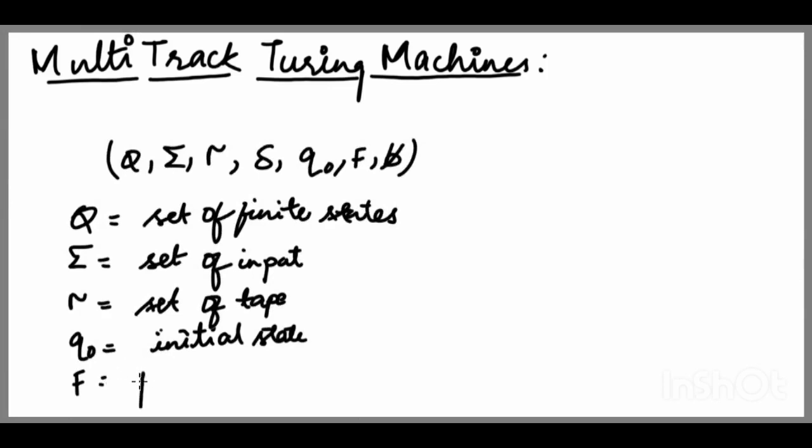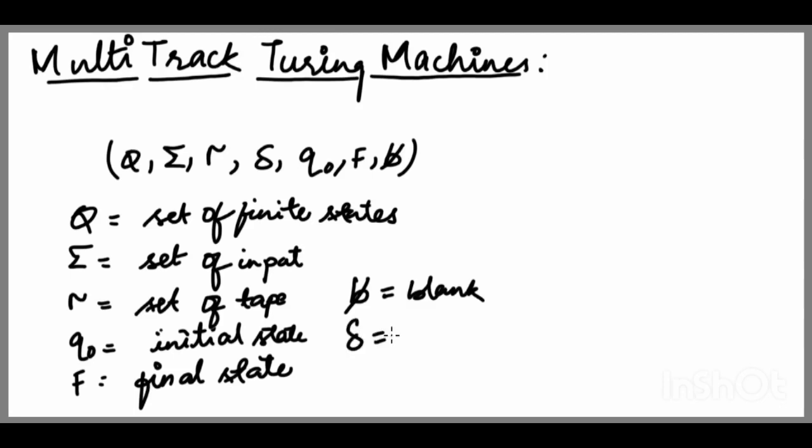F represents the final state. This symbol represents a blank symbol, which is a special symbol in the Turing machine. And finally, the transitions, which are defined as Q cross sigma, which tends to Q cross tape symbols cross left or right direction. Let's discuss them in detail with an example.